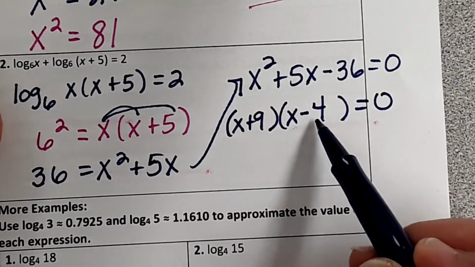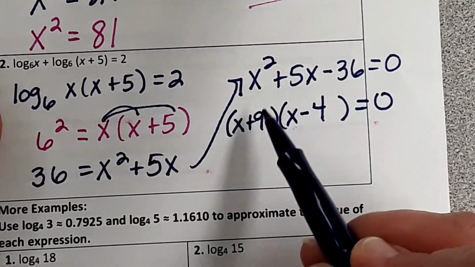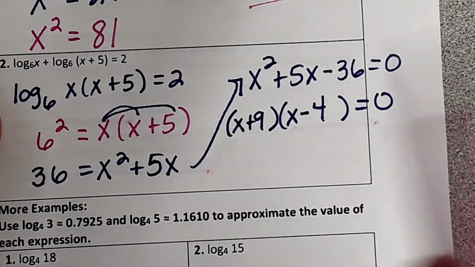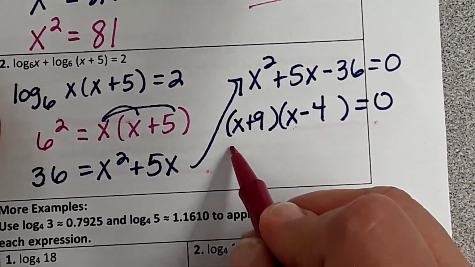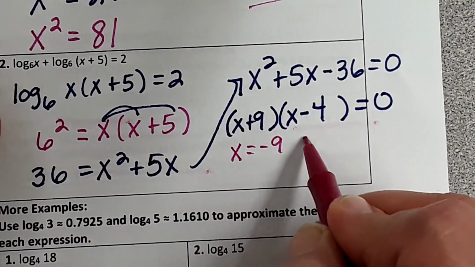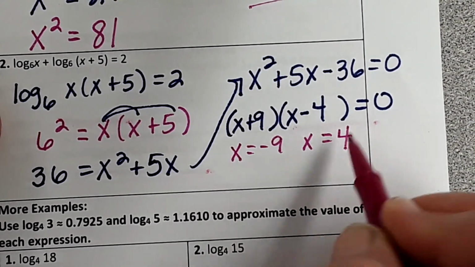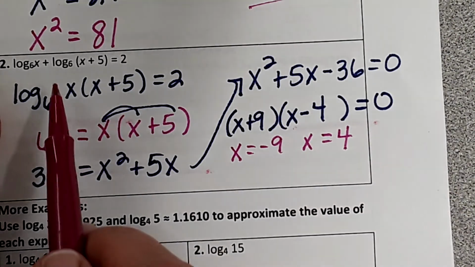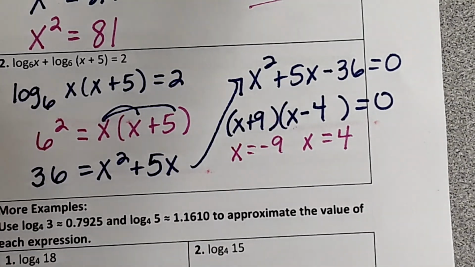Positive 9 times negative 4 is negative 36. 9 minus 4 is positive 5. Now when I solve it, what do I get? Now, you can't have the logarithm of a negative, and there we go.